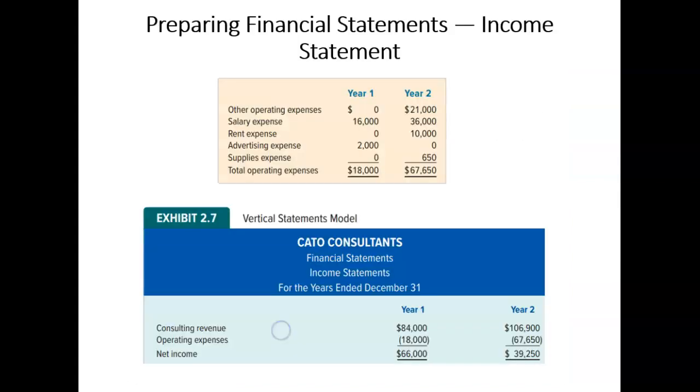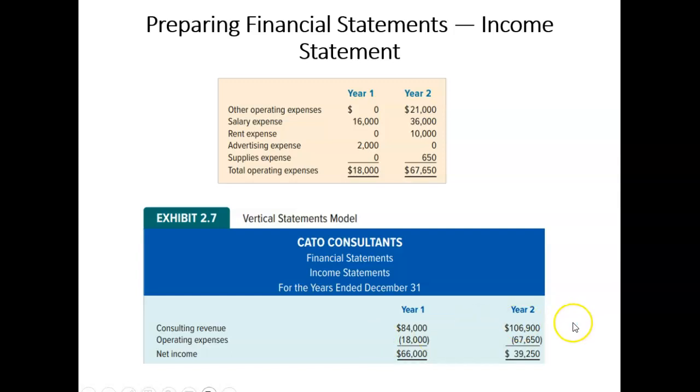All right. So here we're going to show the actual income statement. So this is showing the actual transactions for year 1 and for year 2. That's showing the transactions, but here are the actual income statements. So for year 1, remember that we had revenue of $84,000, expenses of $18,000, net income of $66,000.